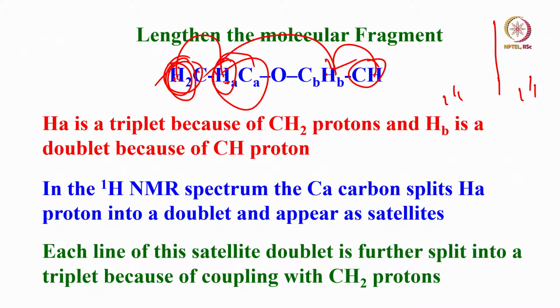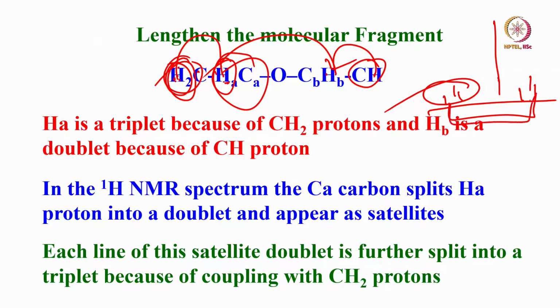Remember the previous course, we discussed the satellite analysis, how to extract the couplings among equivalents. So here the multiplicity pattern is seen in the satellites. It is because of the coupling of proton with proton. This doublet separation is due to coupling between carbon and proton, but the multiplicity in the satellites is because of coupling between protons.